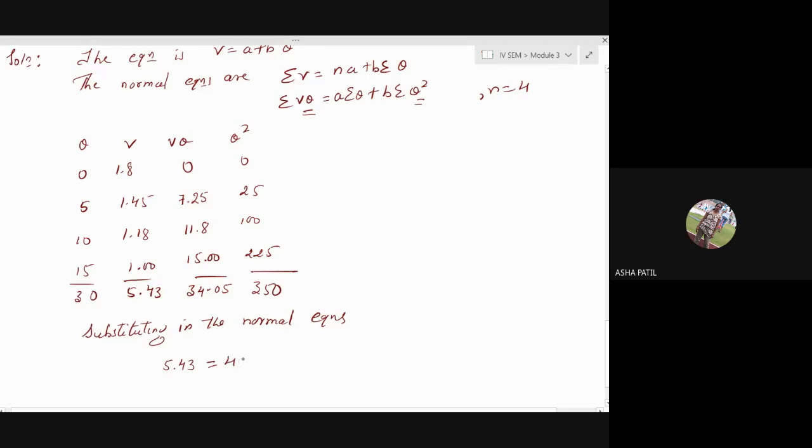Then A will keep as it is, B will keep as it is. Summation theta is 30, 30B will write. Then summation V theta is 34.05, which equals 30A plus summation theta square, 350B.